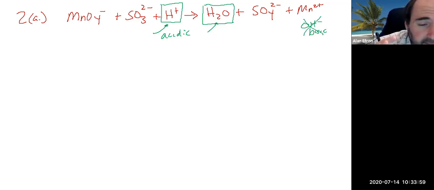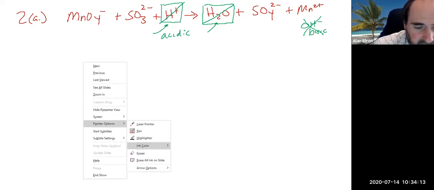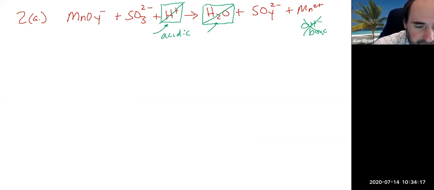So the best approach when you're doing these is to ignore these to begin with, and just start with the reaction without those in it. Because if you leave those in, it may confuse you along the way as to what you're supposed to be doing.